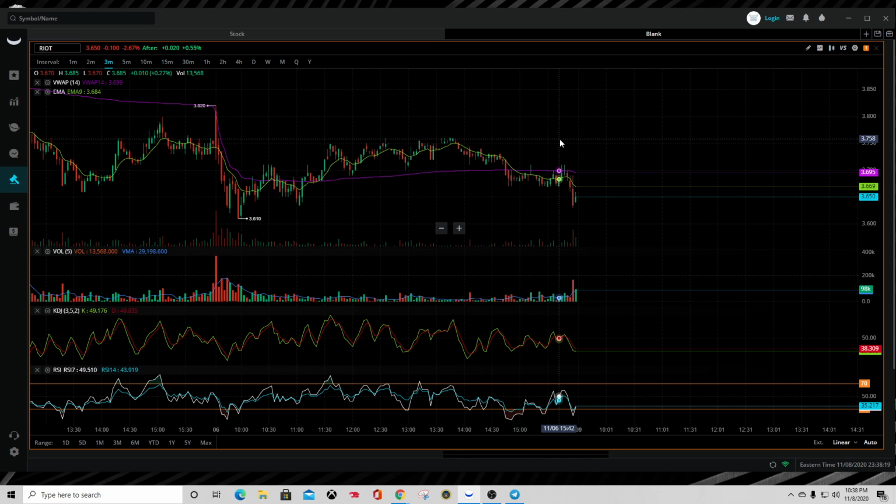And if it lines up with another indicator, then it's better. So that's pretty much how we use the trendline.